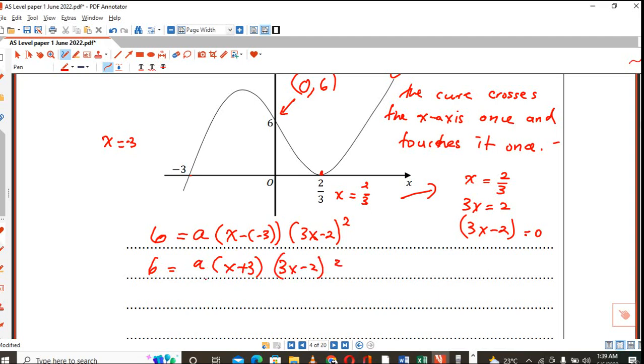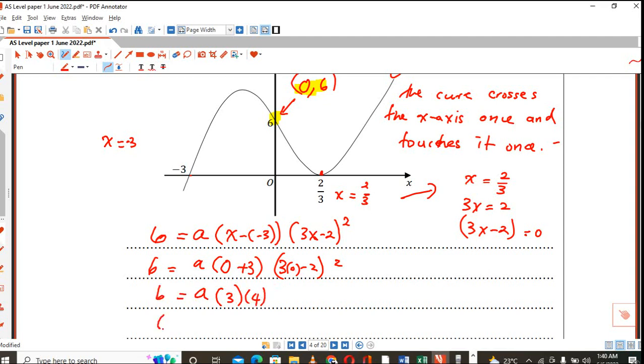All right, now if you were to substitute in the values of x, because I've substituted the value of y from this particular point here, x would be 0 there. Okay, so once you do that, you're going to have a times 3 times negative 2 squared, which is 4.